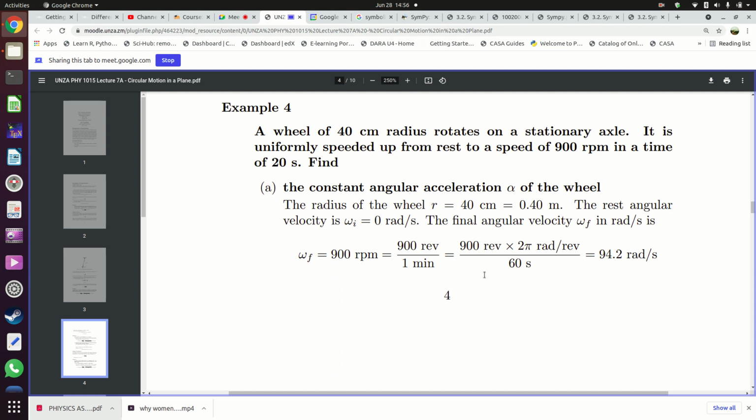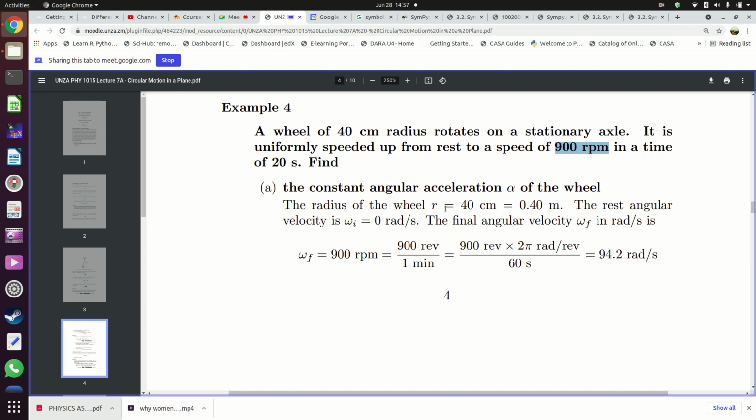Then at the end of 20 seconds, the speed is 900 revolutions per minute. So we can find out what is the angular acceleration in this case.